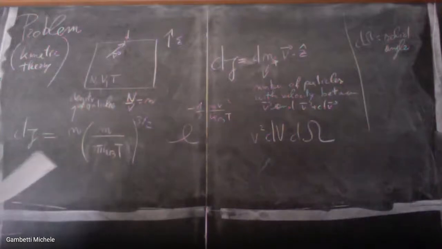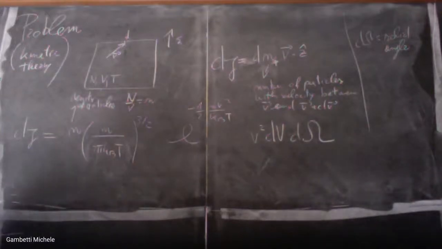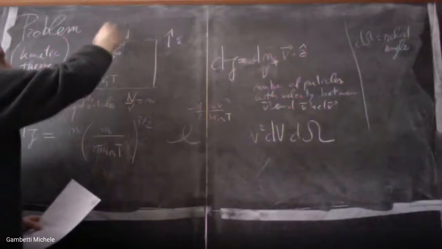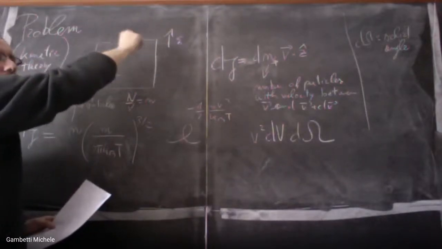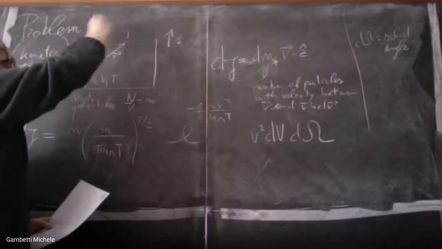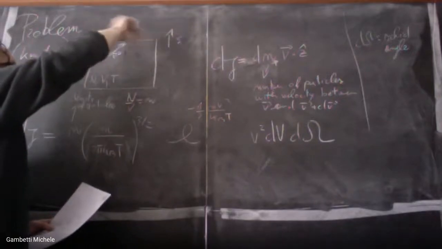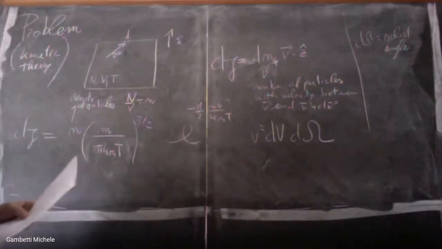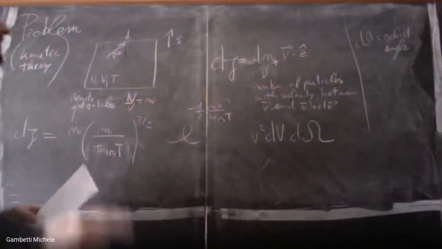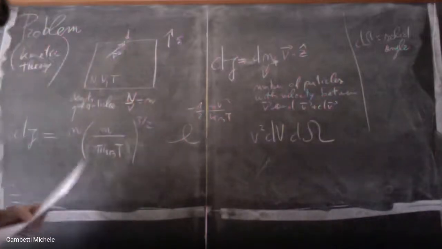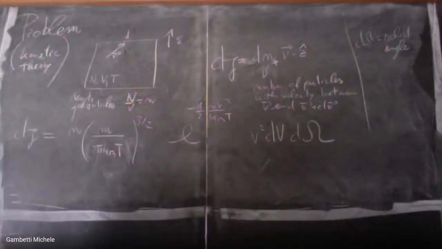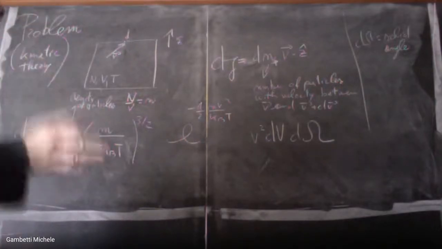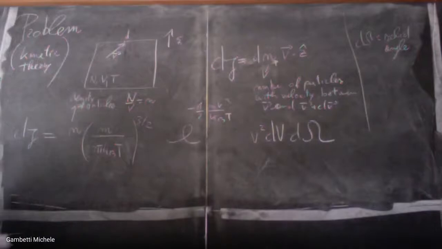I will see in a moment why I need to introduce the solid angle, because I'm not integrating over all the directions. Some particles which do not have the proper direction of the velocity will not escape the hole. That's why I have to introduce the solid angle and then integrate over it just for the proper direction of propagation of the particles.